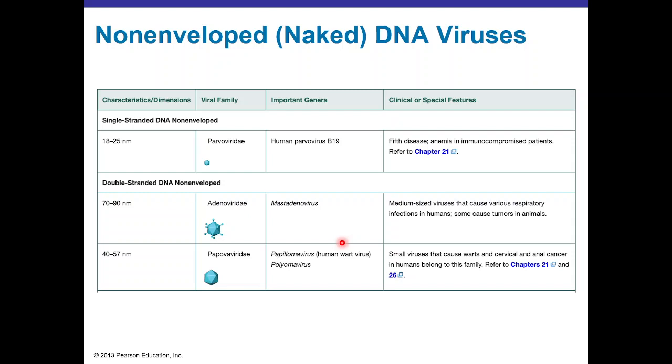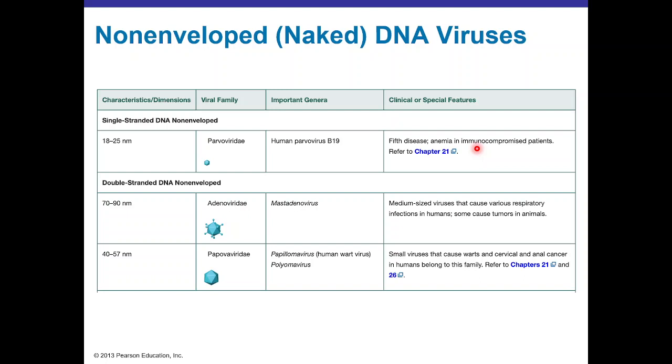So in the case of single-stranded DNA, it will be the parvovirus family. So these will be single-stranded DNA, no envelope viruses. They are small, between 18 to 25 nanometers in diameter. An example would be human parvovirus B19 that causes a disease that is called Fifth disease, or it can cause anemia in immunocompromised patients.